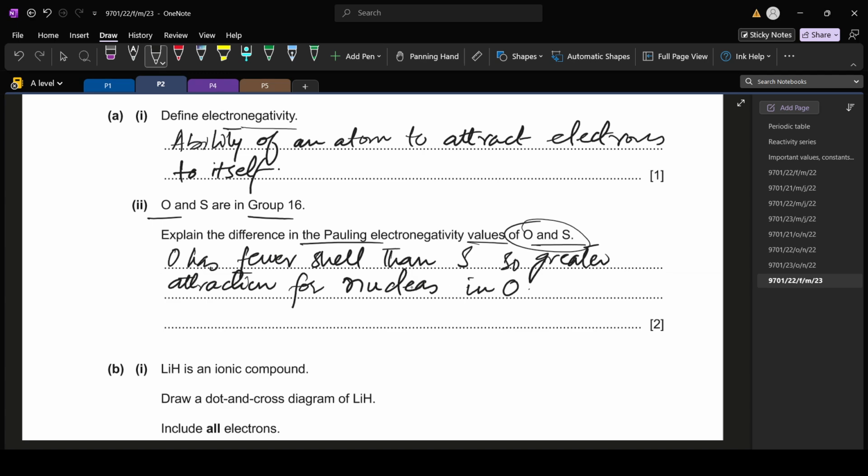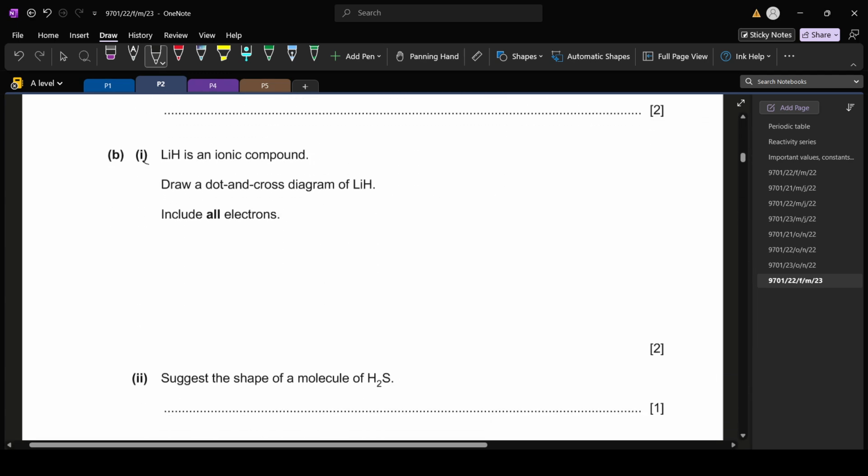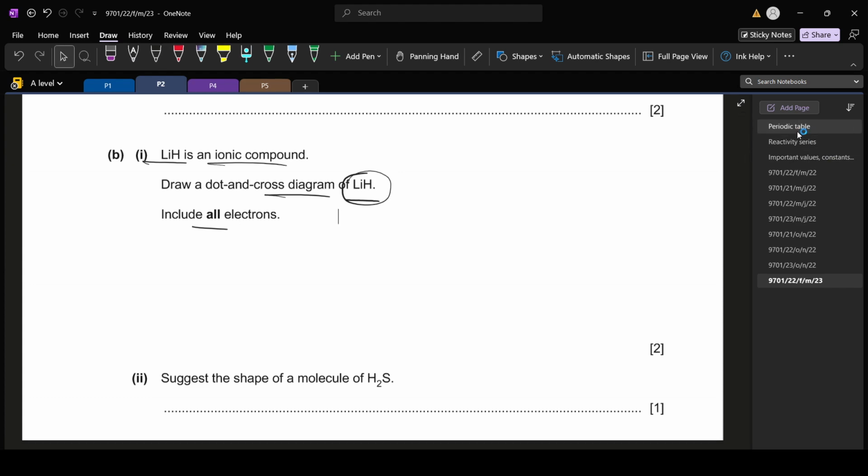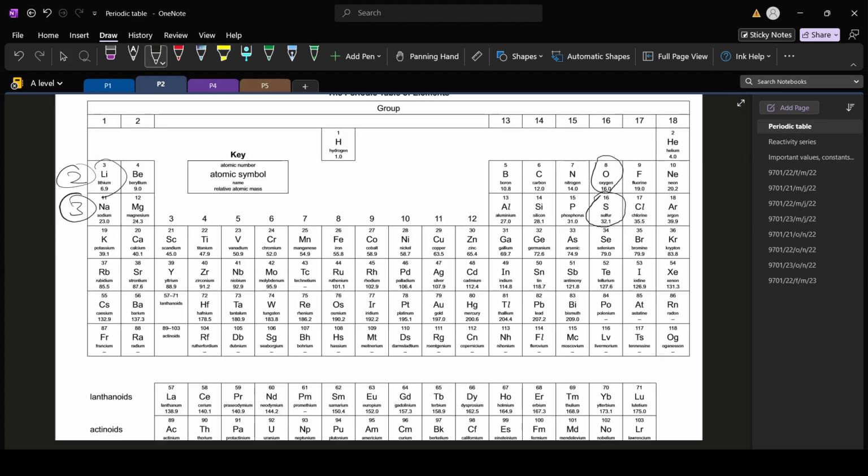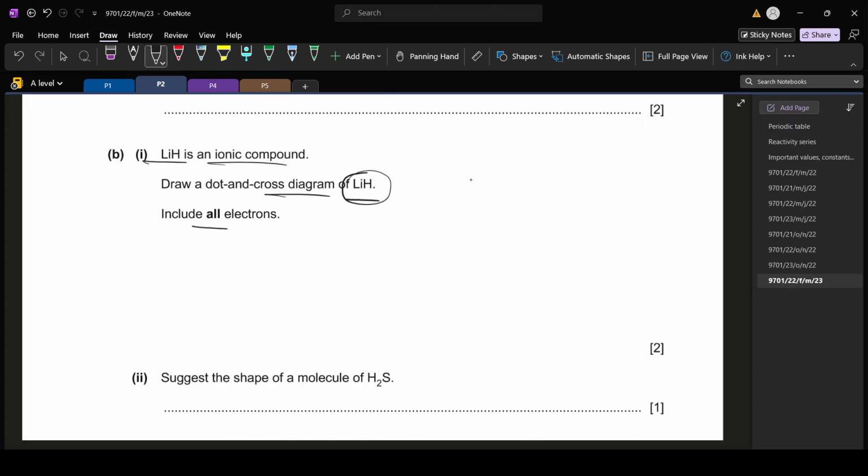Now part B, lithium hydride is an ionic compound. Draw the dot and cross diagram of LiH. Lithium has three protons, so it must have three electrons as well, and hydrogen has only one electron.